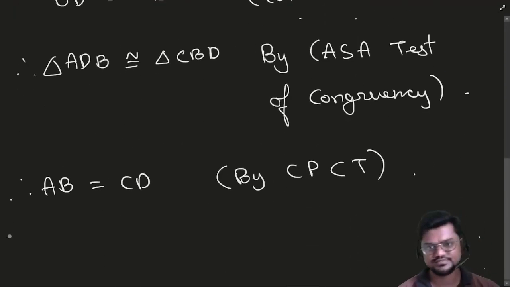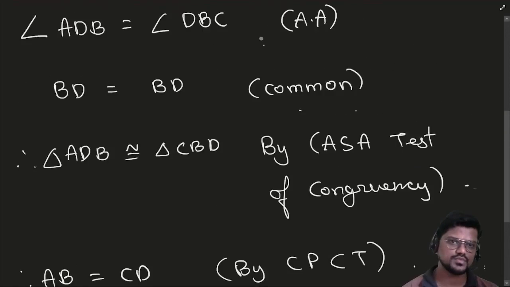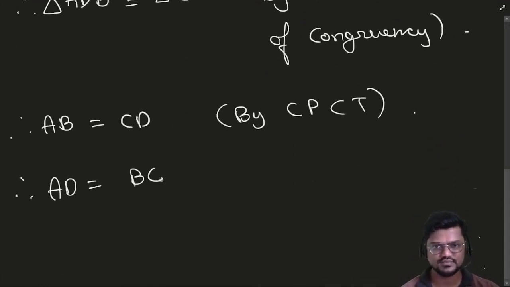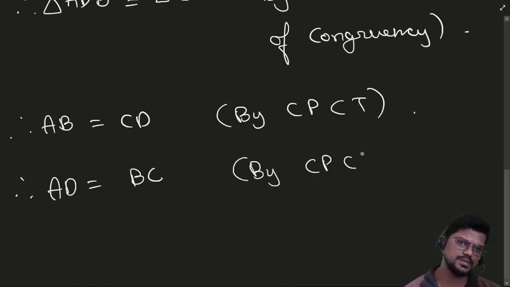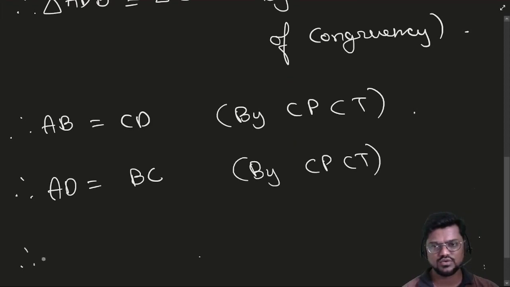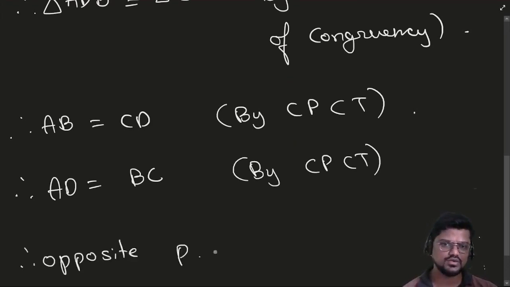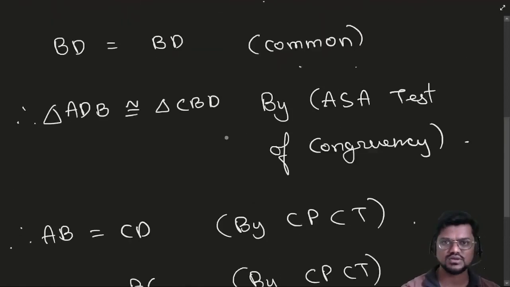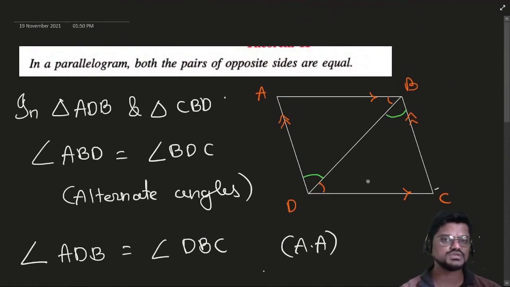So therefore AD will be equal to BC. Got it? This is also by CPCT. Therefore, what we can say? What is the theorem? The pair of opposite sides of a parallelogram are equal.